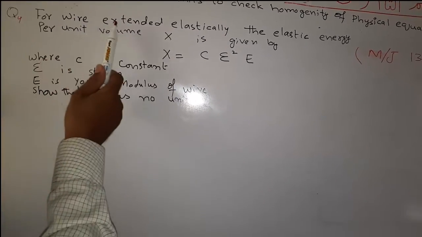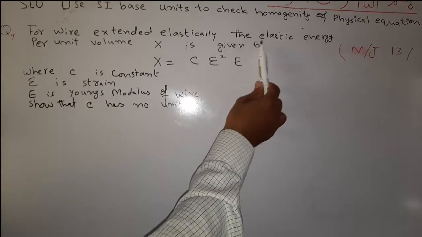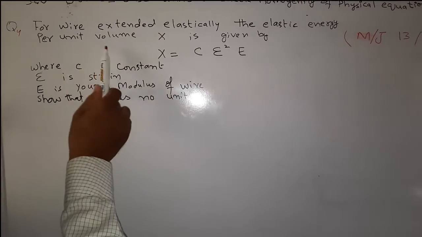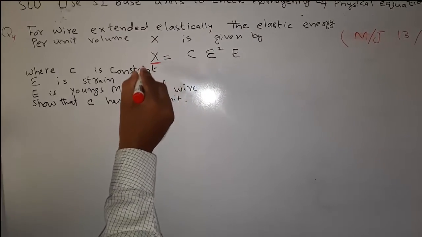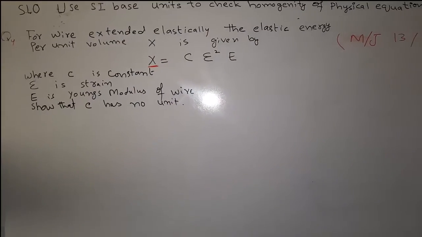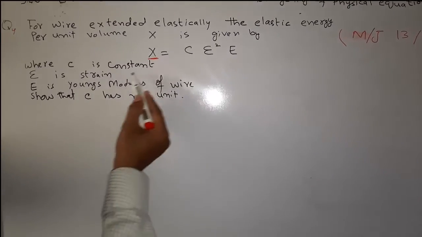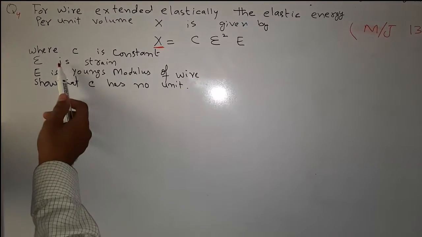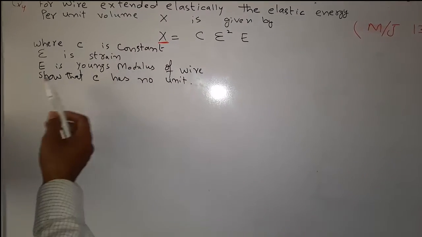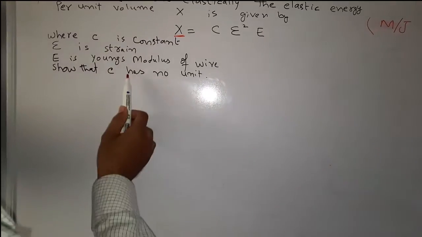For a wire extended elastically, meaning a wire being stretched, the elastic energy per unit volume X is given by X = C epsilon squared E, where C is a constant, epsilon is strain, and E is Young's modulus.